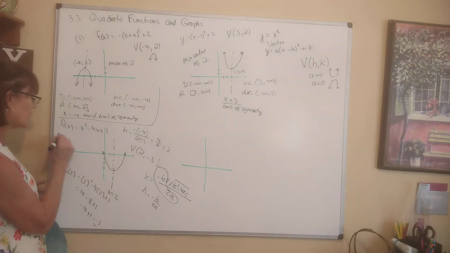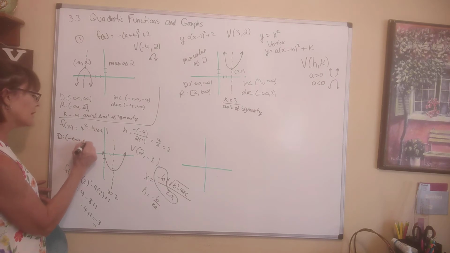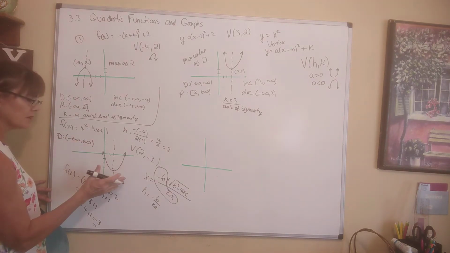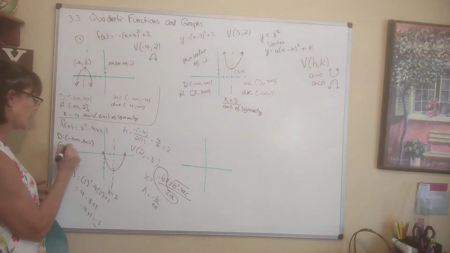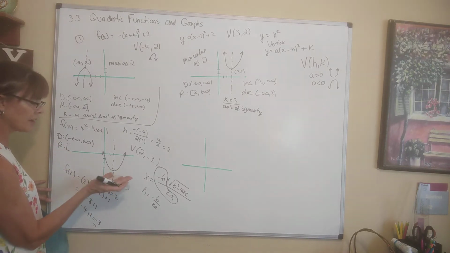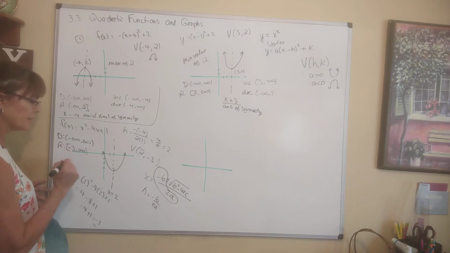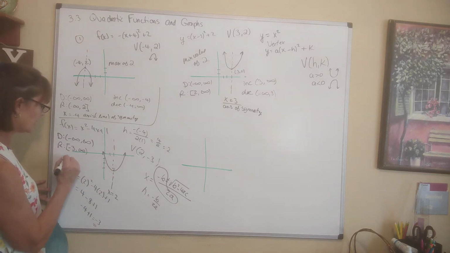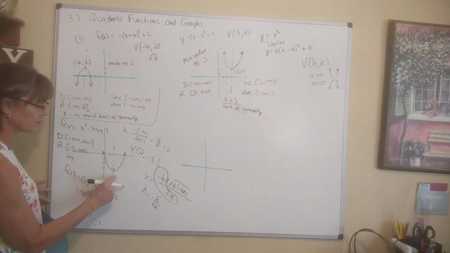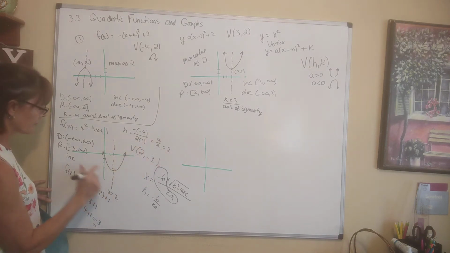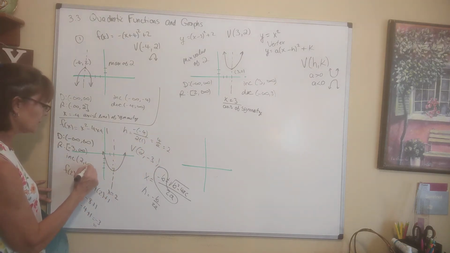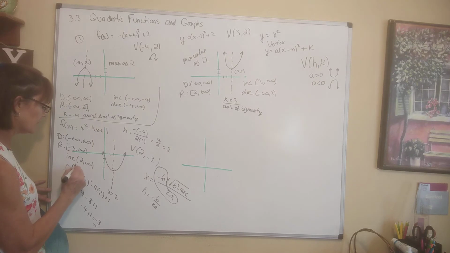What's the domain? Negative infinity to positive infinity. What is the range? Well, the lowest point is right here at the vertex, so we're at negative 3, bracket, negative 3 to infinity. Where is this guy increasing? He is increasing from this point on, so from x is 2 to infinity. Where is he decreasing?